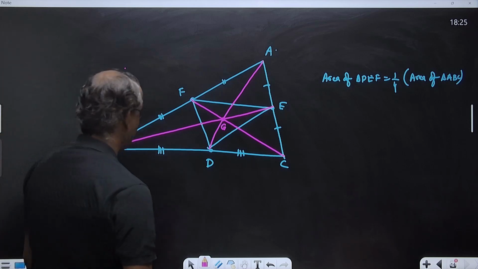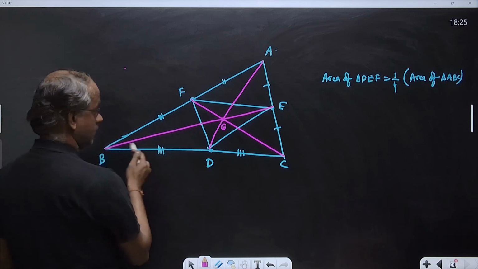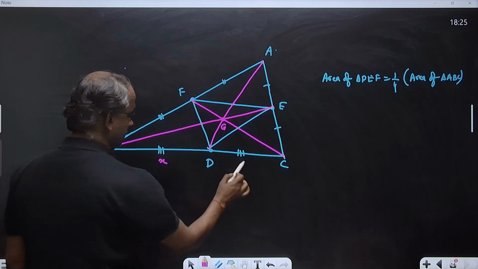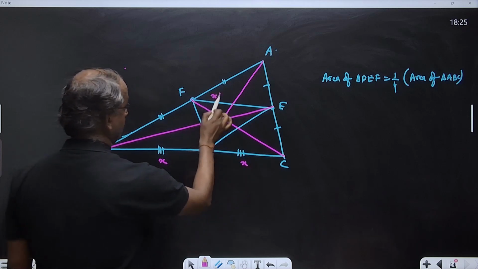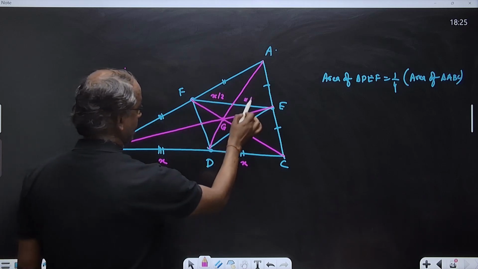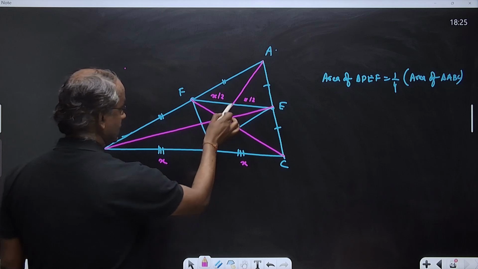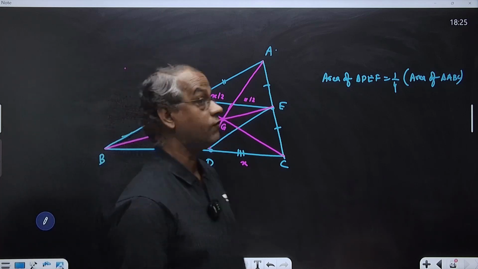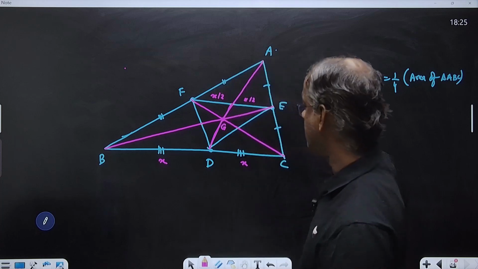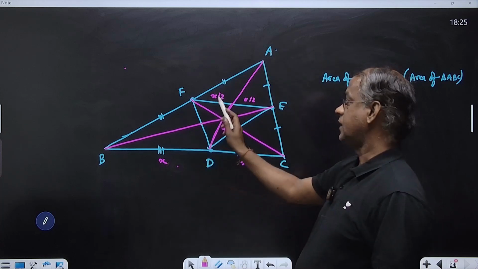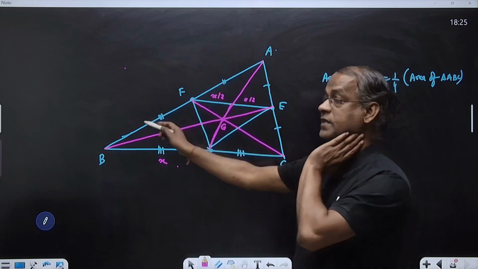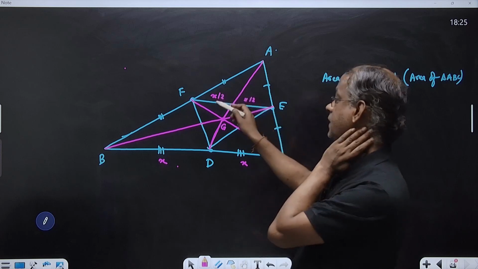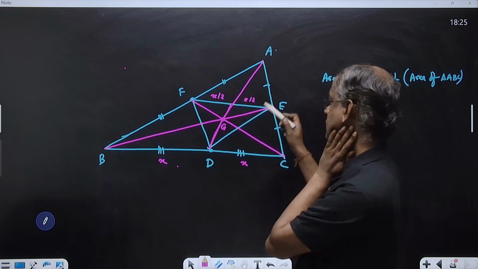Since these are parallel, if this is x, this is x, this is x by 2, and similarly this is x by 2. So this is a median for triangle DEF also. If this is x by 2 because this is a bisection, and these are definitely parallel, this is x by 2.